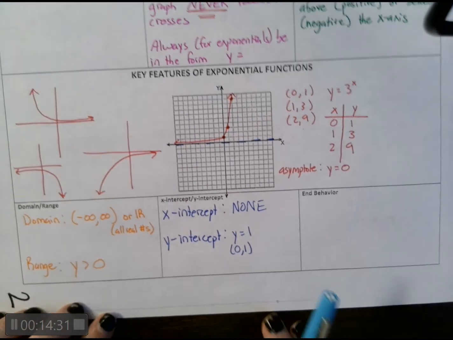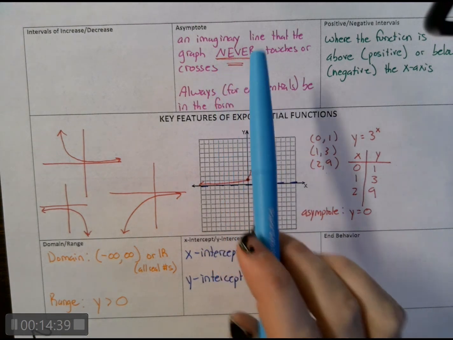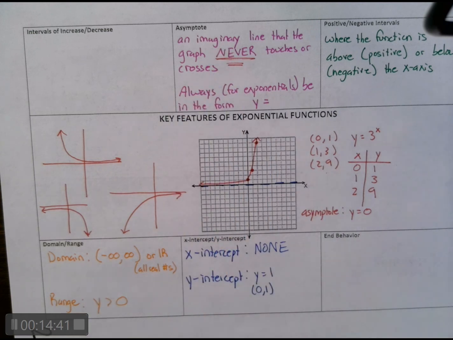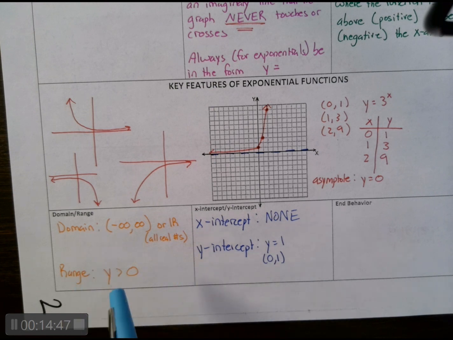Then we talked about some key features or characteristics of our exponential functions. The main one that we are focusing on right now is our asymptote. This is the biggest one we need to focus on. We also, as always, talk about our x and y-intercepts and our domain and range. What's our domain of any and all graphs? All real numbers. Good. Our range for exponentials will always include our asymptote number, which was 0. Okay?